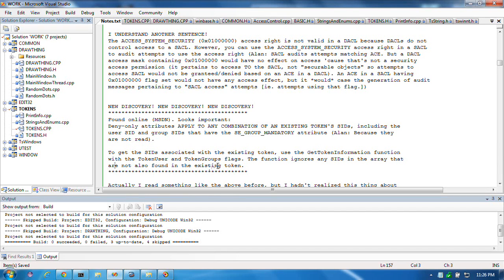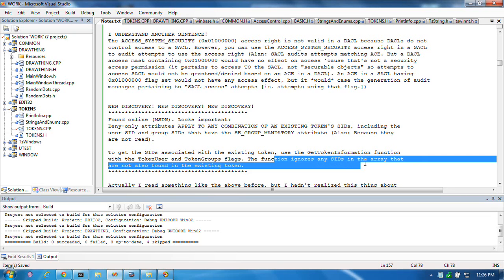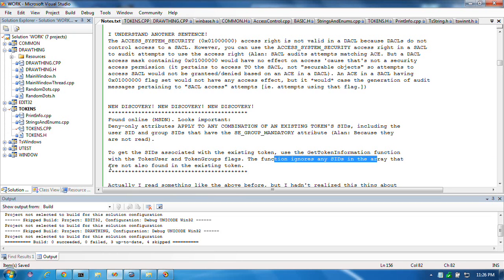Not also found. Okay. Well, all that means is it's doing an or. Wait a minute. No. Ignores things that are not found in the existing token. Ignores not.